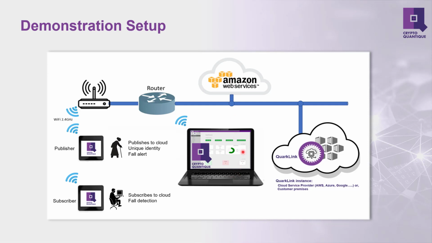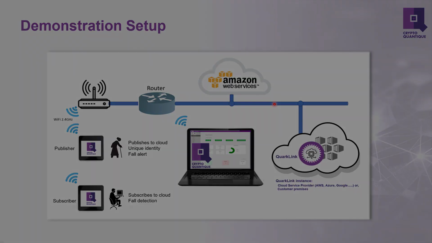On the screen you'll see the main dashboard of the QuarkLink, and you'll also see the publisher and subscriber, which represent the patient and the administration service. These will be connected over Wi-Fi through a router to the network.